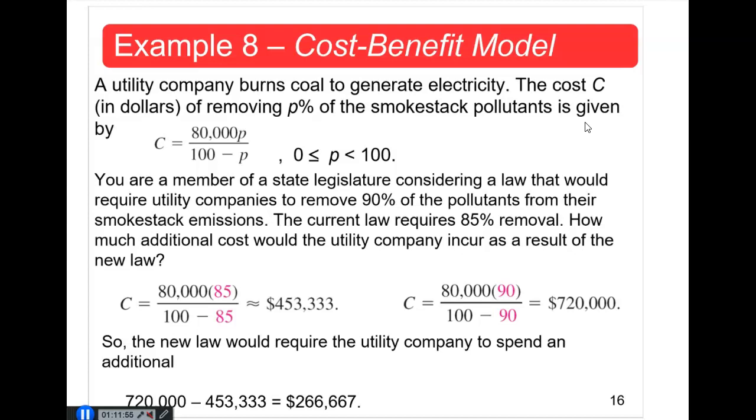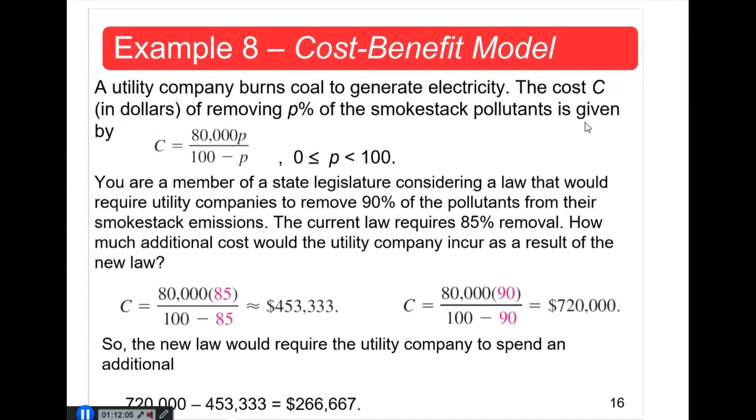The cost C in dollars of removing P% of the smokestack pollutants is given by the function C, instead of Y, the output variable, and instead of X, we're using P for percentage. The function is 80,000 P divided by 100 minus P.